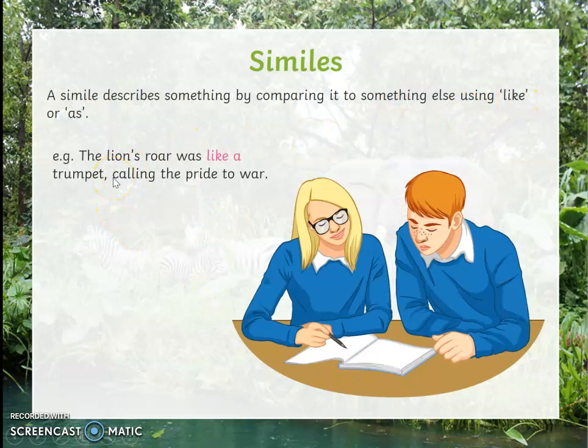Since our focus was the lion, the lion's roar was like a trumpet. Here we compared the lion's roaring with the sound of a trumpet calling the pride to war. A group of lions together, as in collective nouns, is known as a pride. Now you see that it has changed into a very meaningful and interesting sentence.